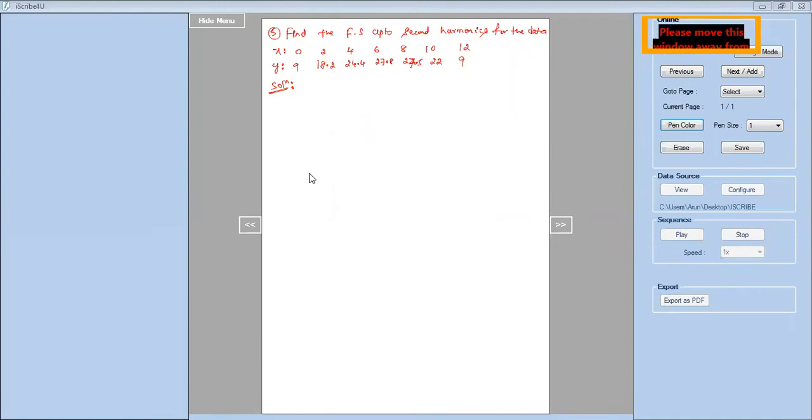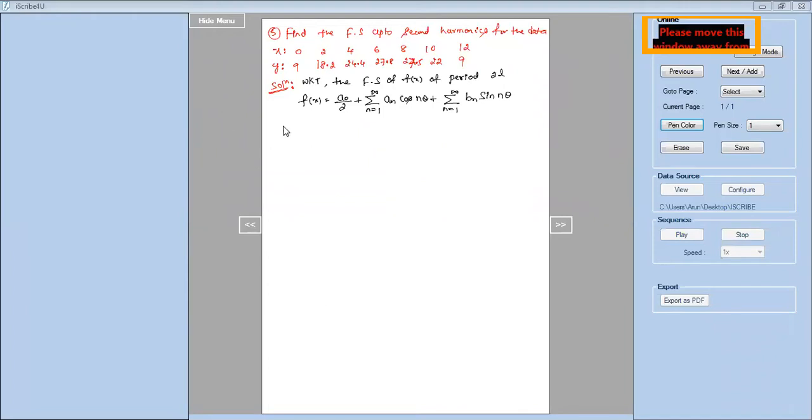and we know that the Fourier series of f of x of period 2L is given by the formula f of x equals a naught by 2 plus sigma n equals 1 to infinity a n cos n theta plus sigma n equals 1 to infinity b n sin n theta.